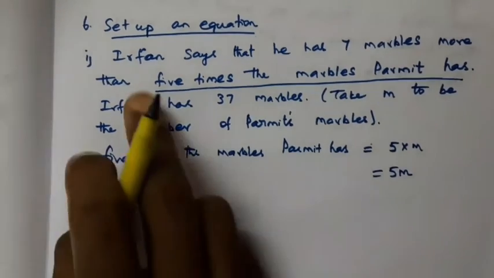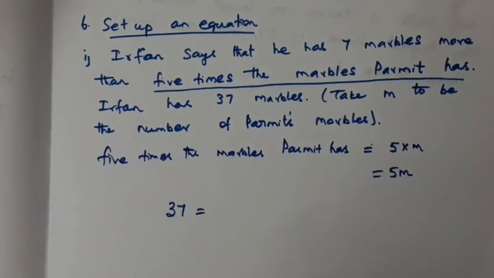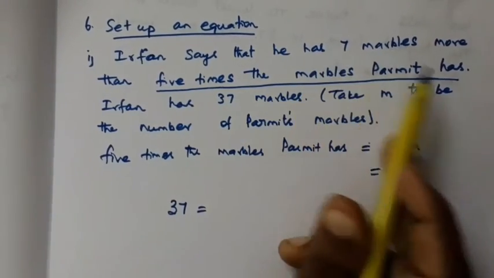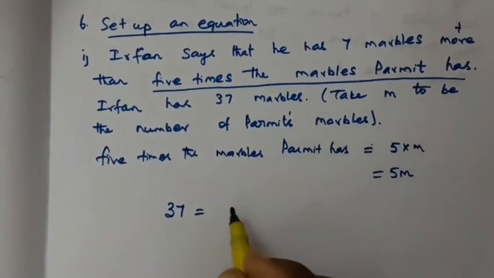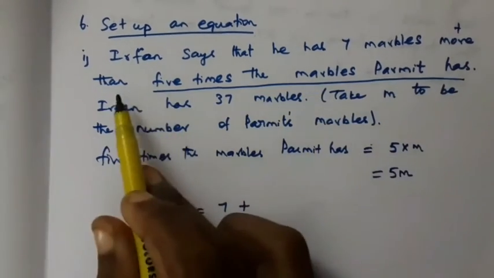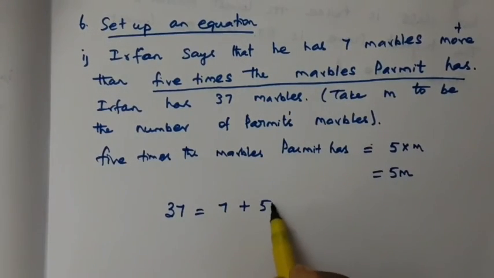So the number of marbles Irfan has is 37. Irfan says that he has 7 marbles more. More is plus. So this is 7 plus 5 times the marbles Parmit has, which is 5m.